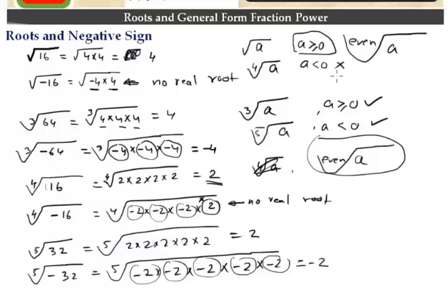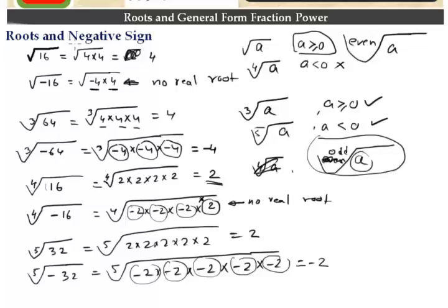If the number is negative, then even root is not possible. Like second root, fourth root, sixth root, eighth root is not possible. But if the number is positive, then it's possible. But for odd root, if the number is positive or negative, odd root is possible.